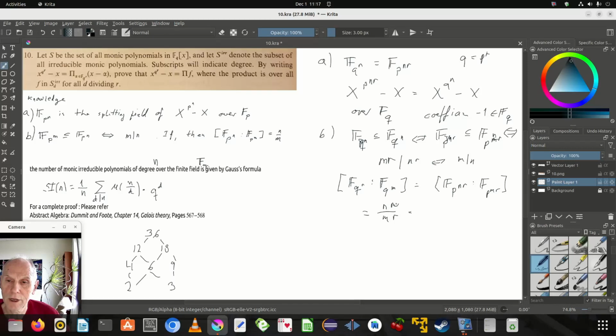This is an r, not an m, so it's n divided by m. So this guy turned out very easy, and the first time didn't take much longer.